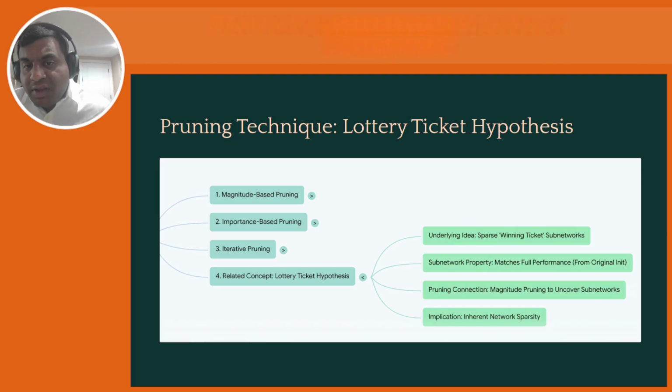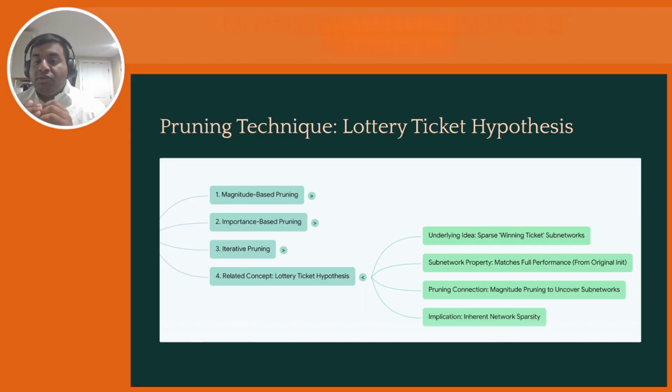I want to cover this too. This is a fascinating related concept called the lottery ticket hypothesis. This suggests that dense, randomly initialized networks contain sparse subnetworks, the winning tickets, so to call them. If trained in isolation from the start using their original initializations, they can match the performance of the full dense network.